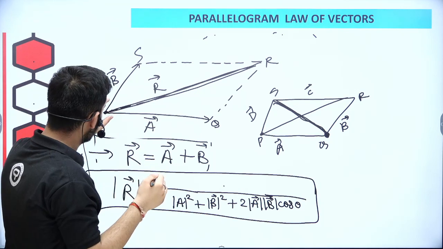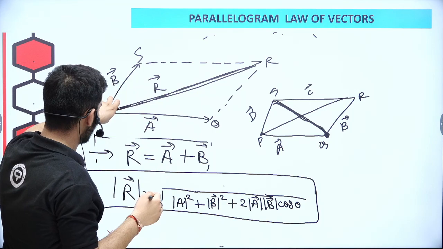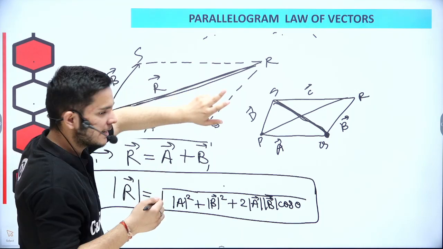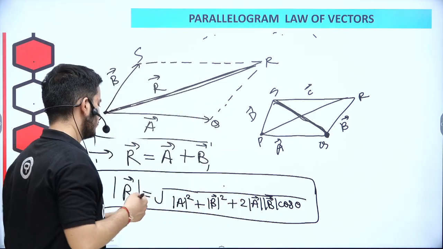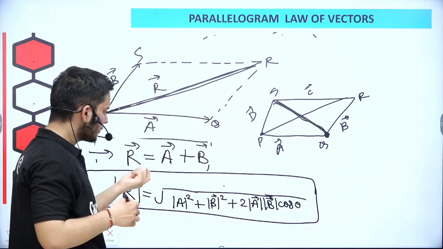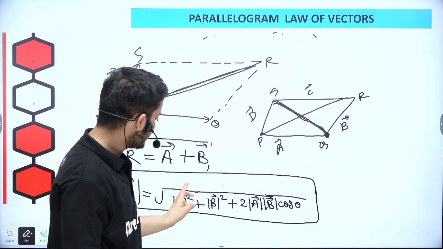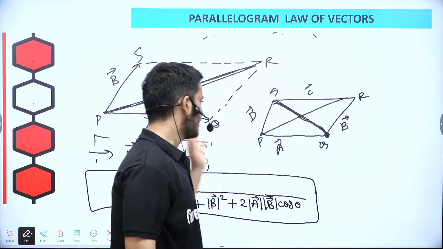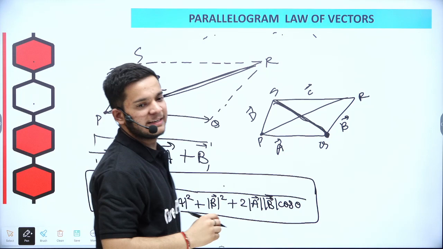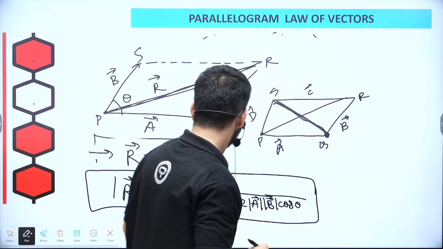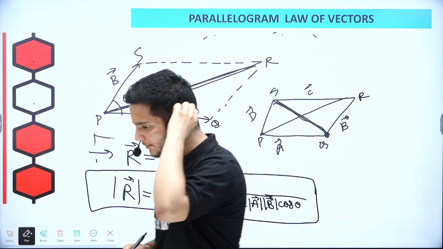The diagonal associated with the common point between the two adjacent sides, and the vector on it, will be the resultant vector of these two vectors. So R vector equals A vector plus B vector. The magnitude of R vector equals the root of A squared plus B squared plus 2AB cos theta, theta being the angle between A and B. Is this clear? Do we have any problem?